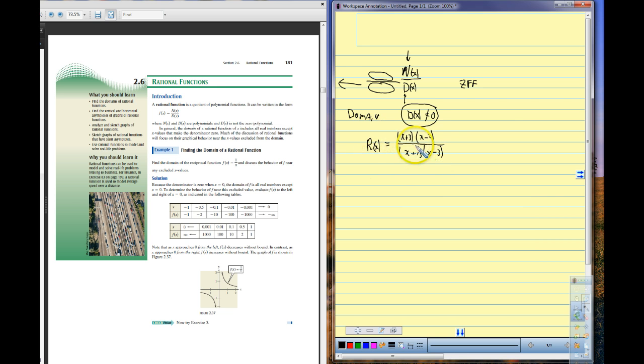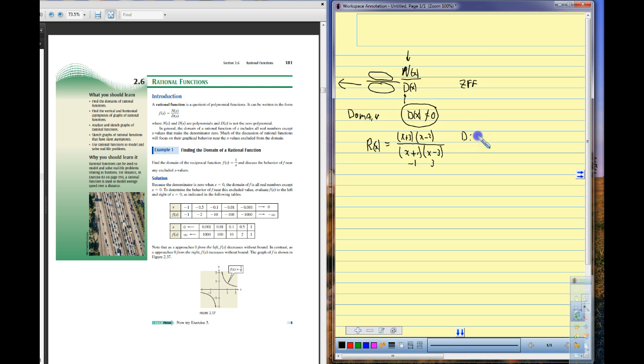So this rational function now has a domain of all real numbers except for when the denominator is equal to 0. If we examine these two zero factors, the denominator is 0 when x is either negative 1 or 3.